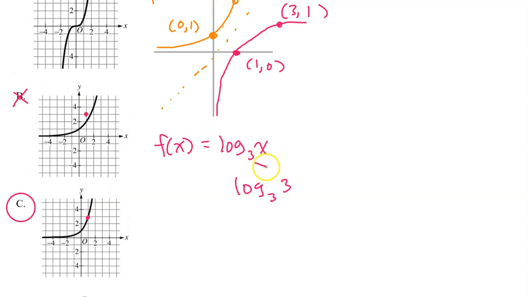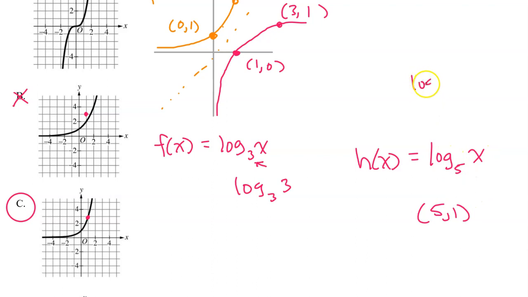You can always use the base to come up with a convenient point that's on the curve of a log graph. Just for example, I'm making something else up. If I had h of x equal to log base 5 of x, then I would immediately know that the point (5, 1) is on the graph. Because if I plug in 5, then I would get log base 5 of 5.